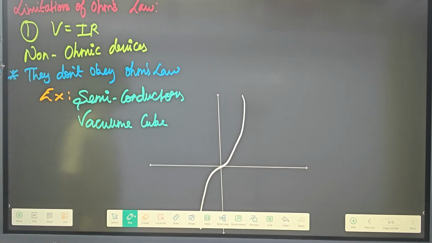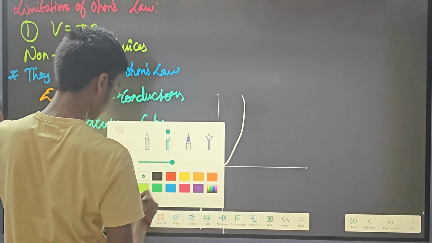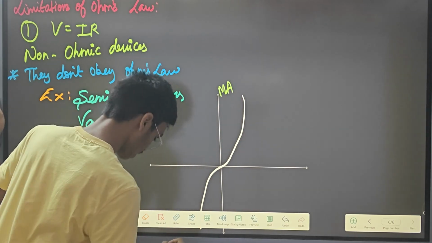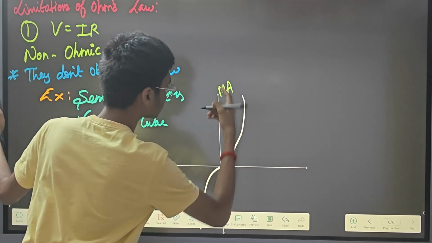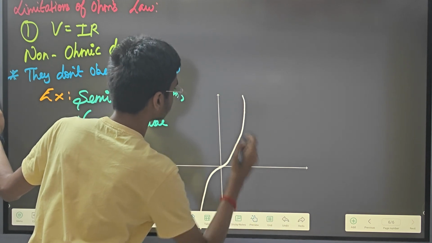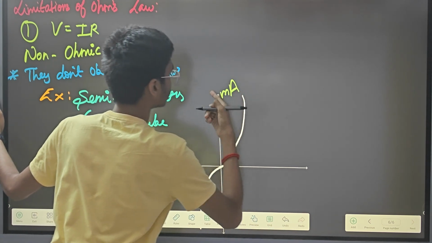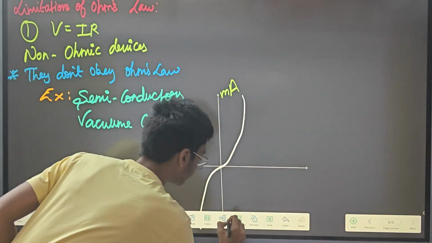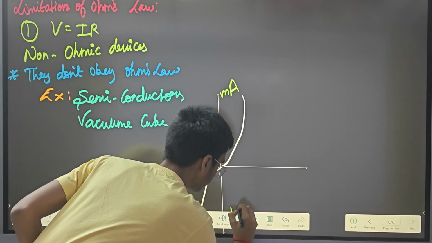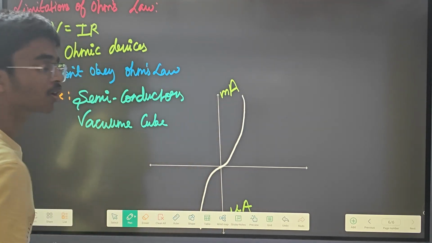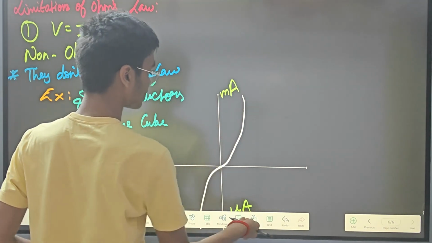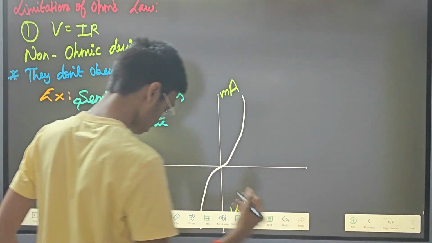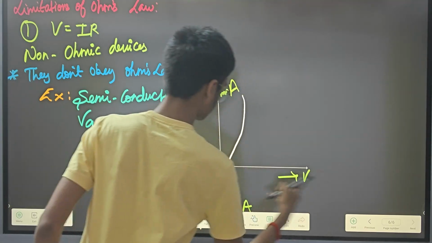One axis is in microampere and the other is in milliampere, written with a small m, not a capital M. Microampere is 10 to the power of minus 6 and milliampere is 10 to the power of minus 3. This side is voltage.